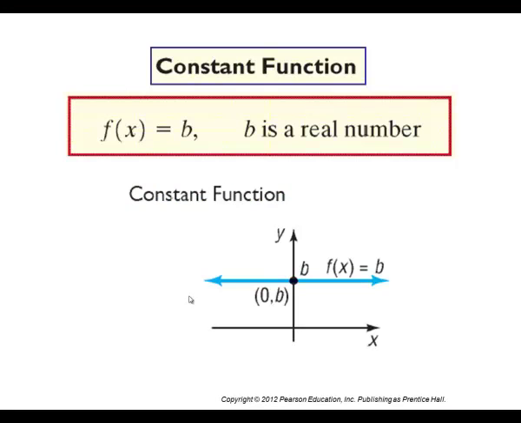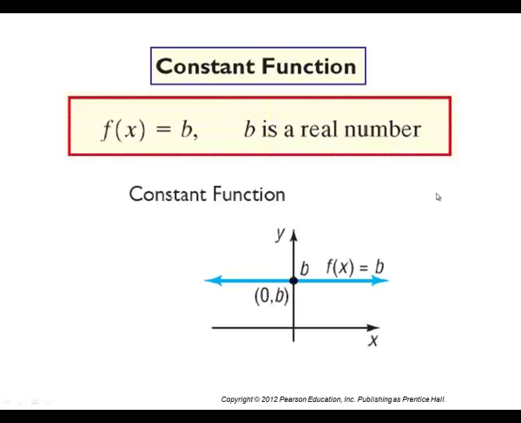Okay, first we'll look at the library of functions where we have f of x equal to b. In other words, this would be the same thing as if we were to say y equal to, let's say, 5. If you were to work through a table of values, if you had y equals 5, then 5 would be under the y column for a table of values of x and y.